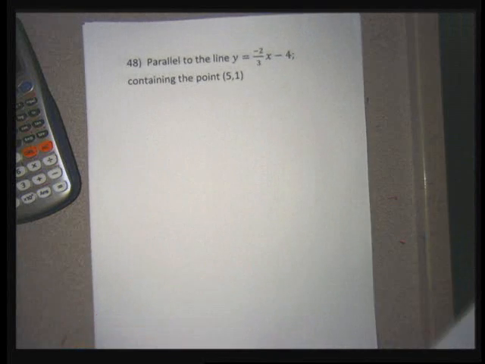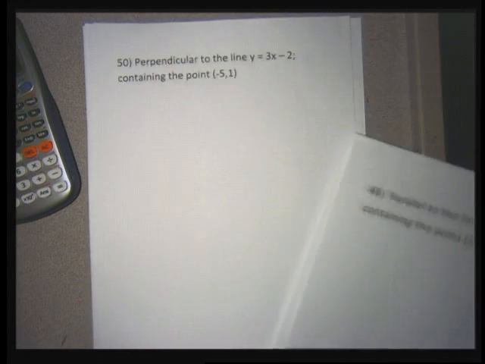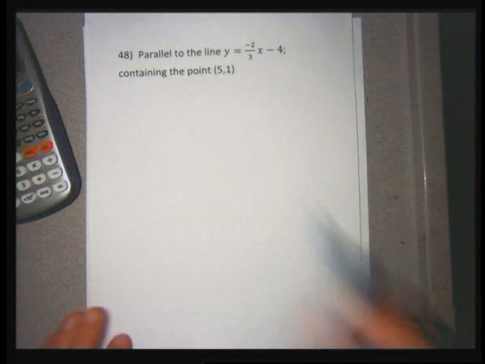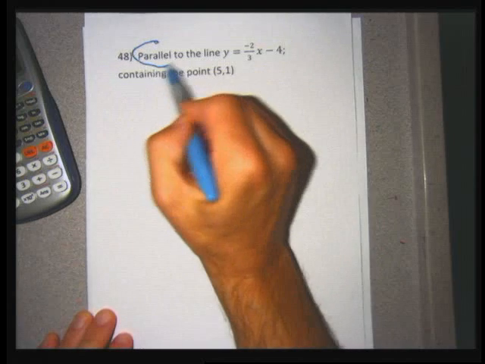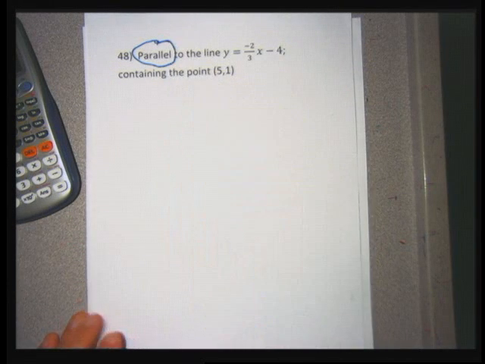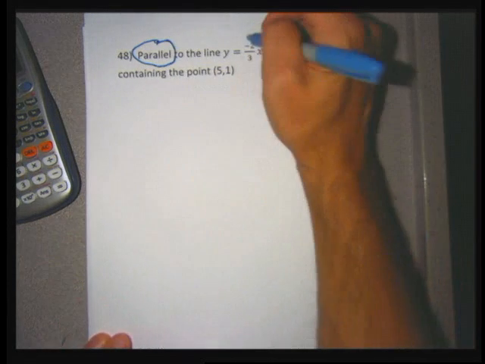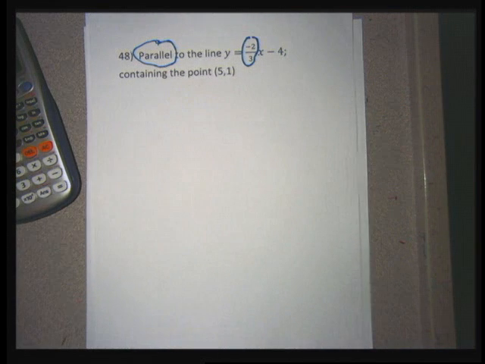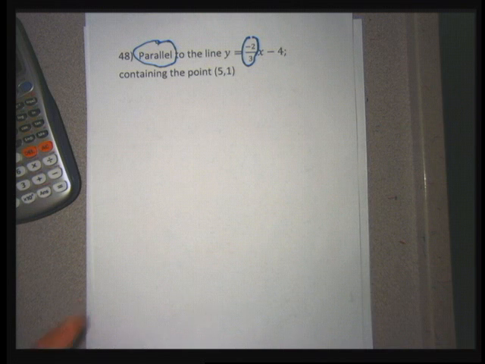48 is almost identical. It's going to be quite a bit messier because it has a fraction and the fraction is going to go away. I'm trying to find a parallel line. Parallel lines have equal slopes. The slope of the given line is negative 2/3 because I'm trying to find a line parallel, and parallel lines have the same slopes.